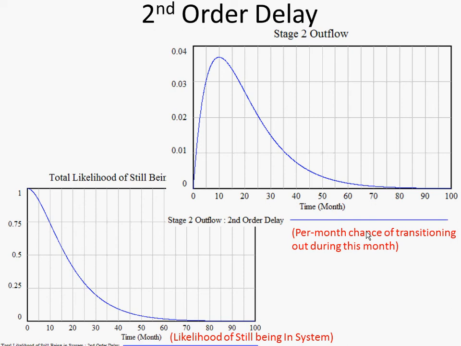So I think it is like both. The further on you are in time, the more likely things are concentrated in the second stock, and therefore it's draining like a first order delay. Does that make sense?